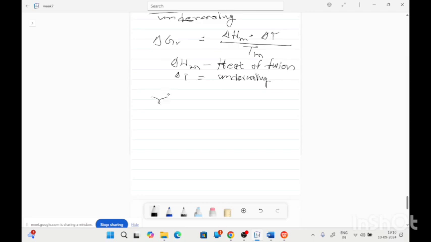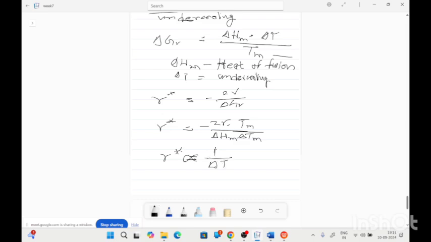In this heterogeneous nucleation, R star is written as 2 gamma by delta GV. If we put this term, then R star will be minus 2 gamma Tm by delta HM delta T. So the critical size of the nucleus is inversely proportional to the undercooling.